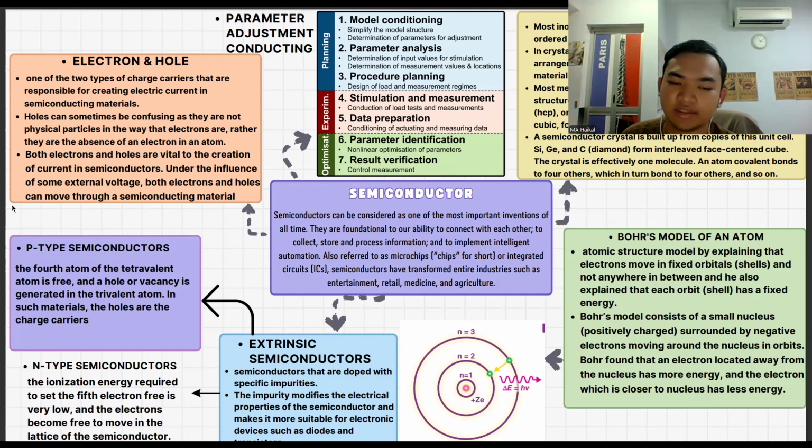And the third part is optimization. The sixth step is parameter identification, non-linear optimization of parameters, and seven, result verification, that is control measurement.